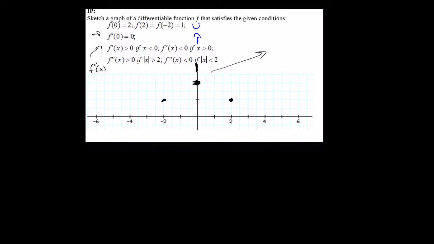And now we also know that our f prime of x is less than 0, so it's decreasing in slope when x is, oh, I did that backwards. When x is less than 0, we're going to be increasing in slope. When x is greater than 0, we're going to be decreasing in slope. So that's what our f prime tells us.